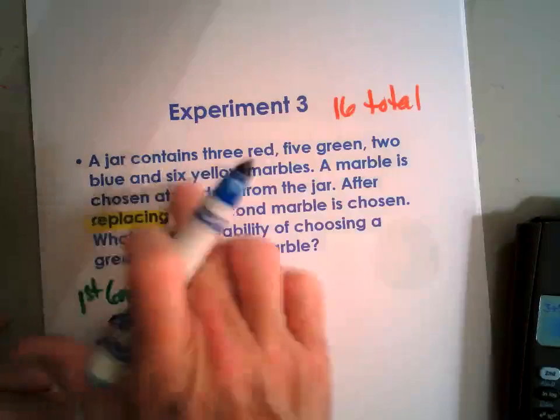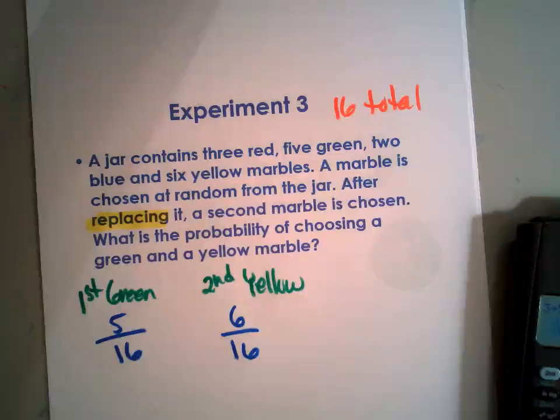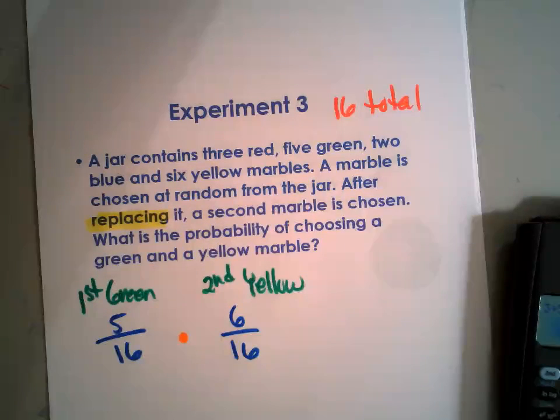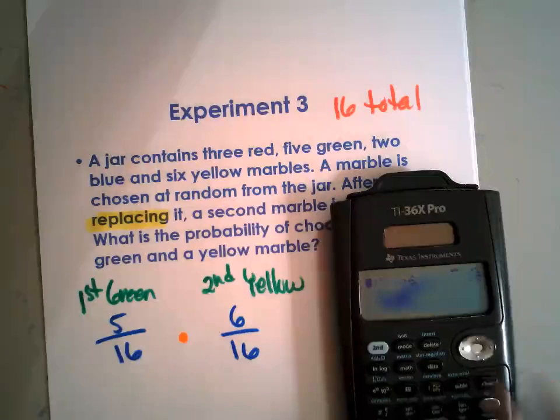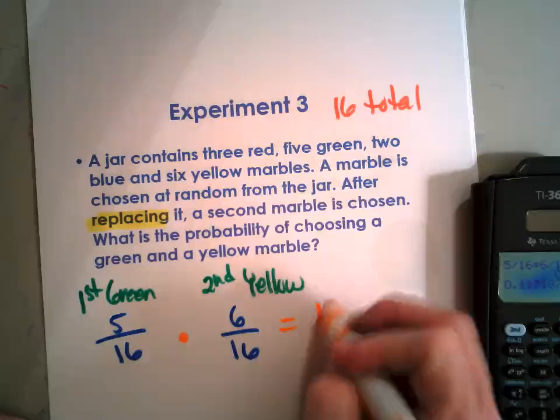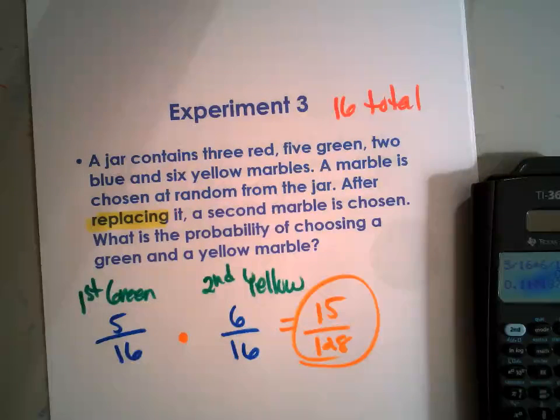There were 6 yellows, 6 out of 16. There's still 16 marbles in the jar because we put the first one back. So 5/16 times 6/16 gives us 15 out of 128. So that's the probability of that happening.